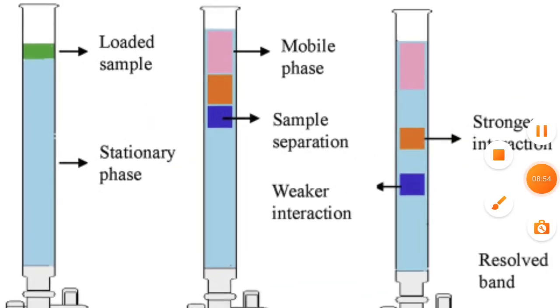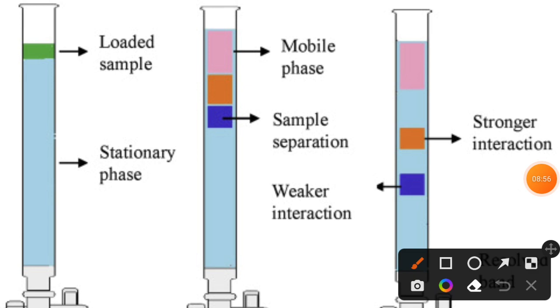Column chromatography is again based on the interaction of the stationary phase and the mobile phase. Here the stationary phase is a porous solid matrix which contains some specialized chemical property, on the basis of which we separate our samples.